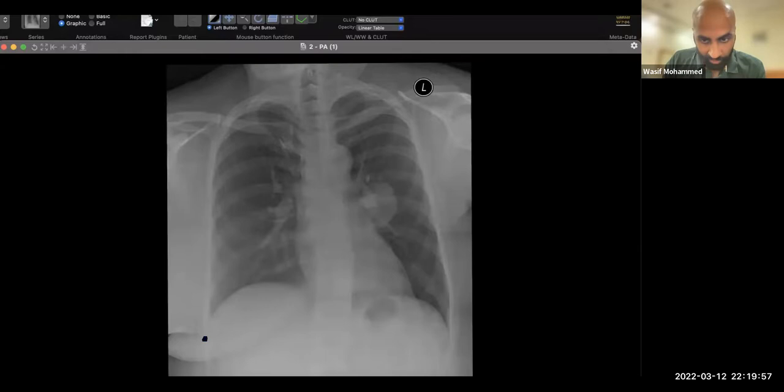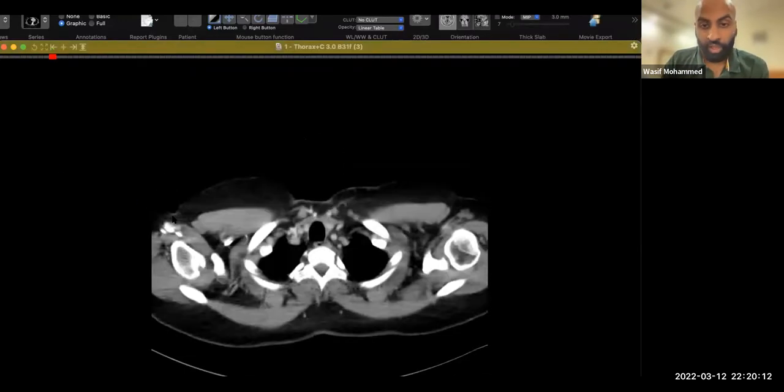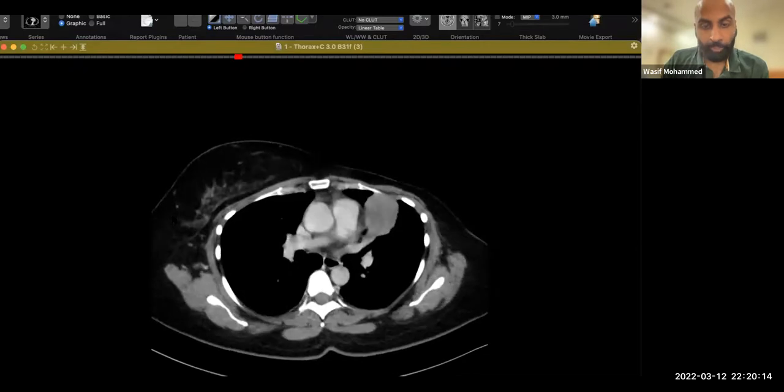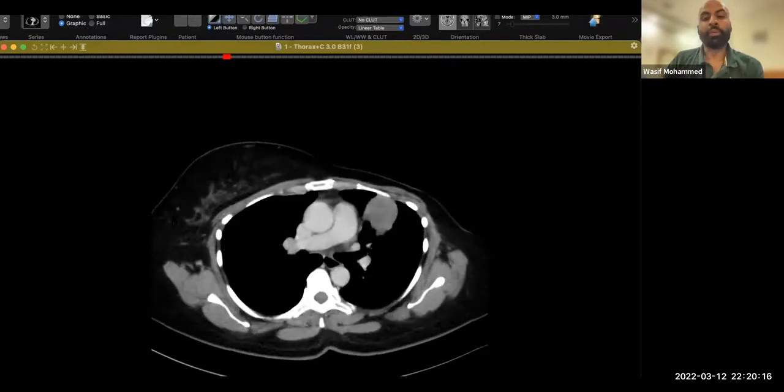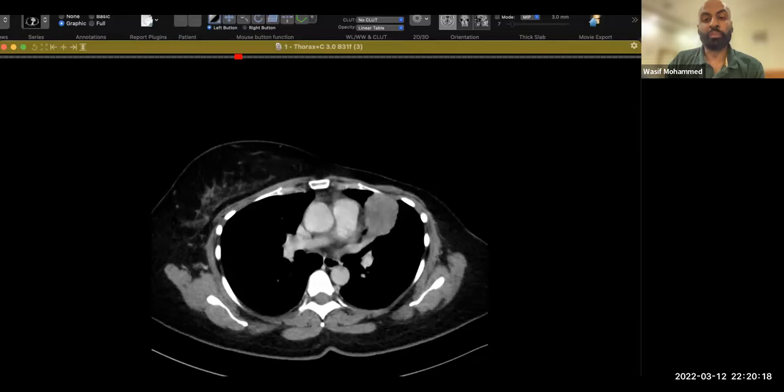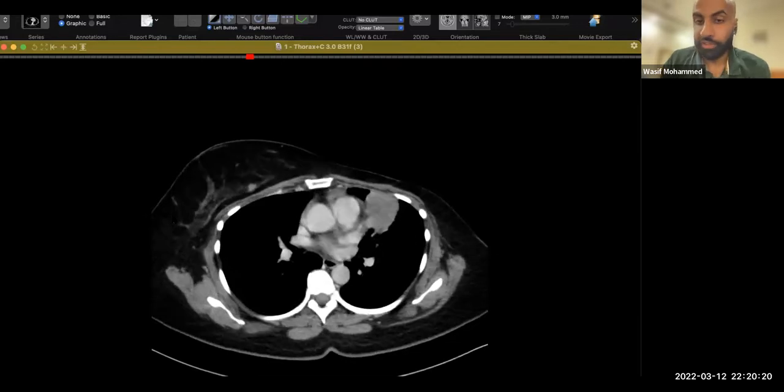Just looking further, I can see that the left breast shadow is absent. So in a patient with a solitary lung opacity with left mastectomy, I would think of metastasis in the first instance. I don't know if I would put another primary as a differential in this case.